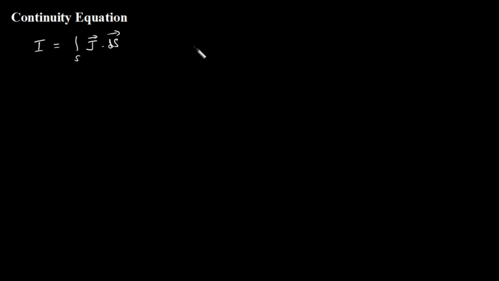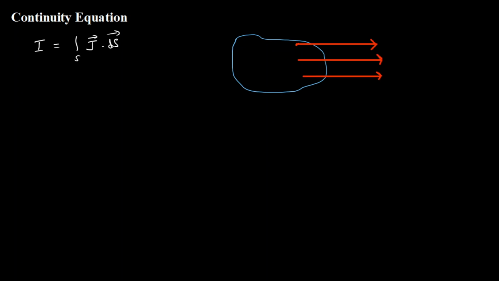That is interesting. See, if I consider a closed surface something like this, and there are charges moving outwards, giving me these current vectors. So I have flow of charges outward like this. There are so many charges coming out from this. Then these charges are now moving out.